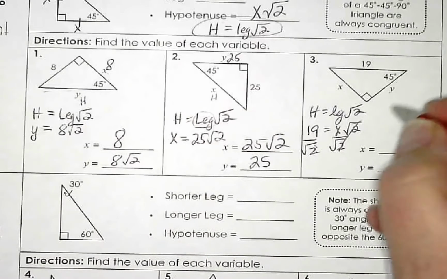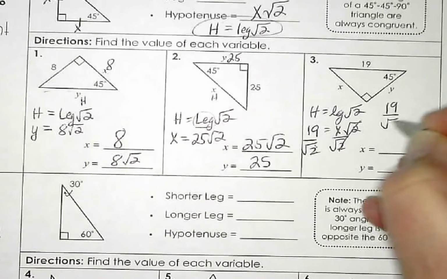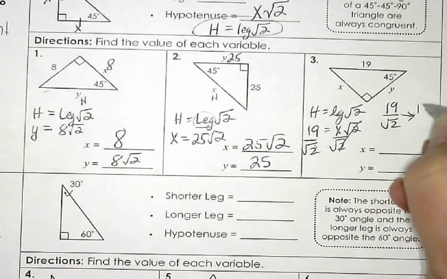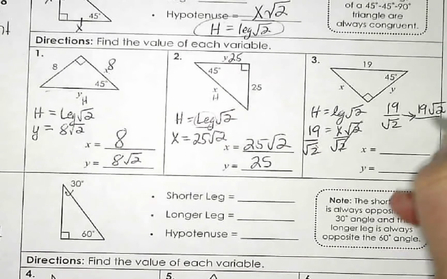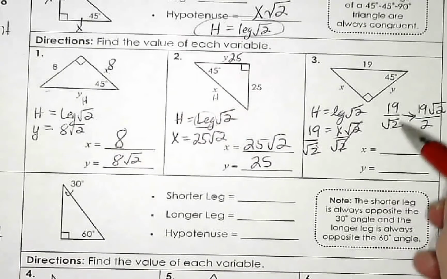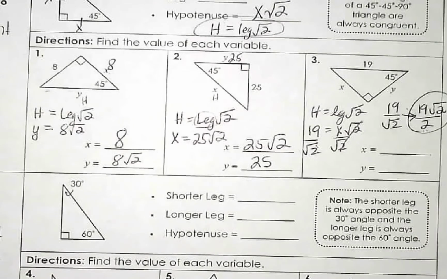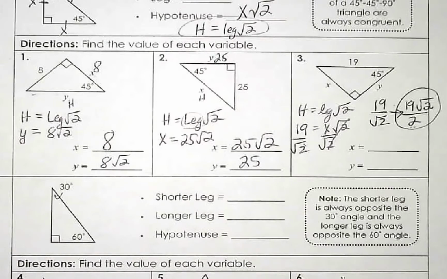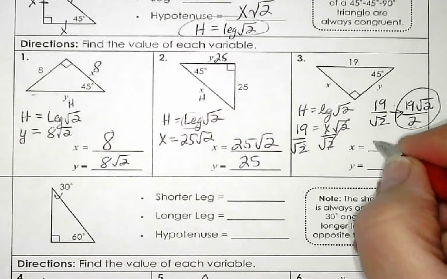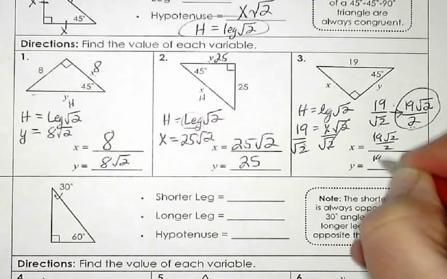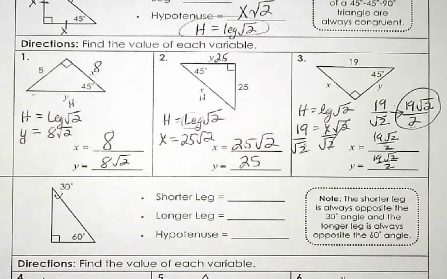So what we can do is take that value, I just copied it from here, and that converts to 19 square root of 2 over 2. So I just bring this square root up here. This becomes just a plain old 2. That's more of a simplified answer. I know that seems kind of weird that that's simplified, but that is the value of x. And that is the value of y, because they are both the same.